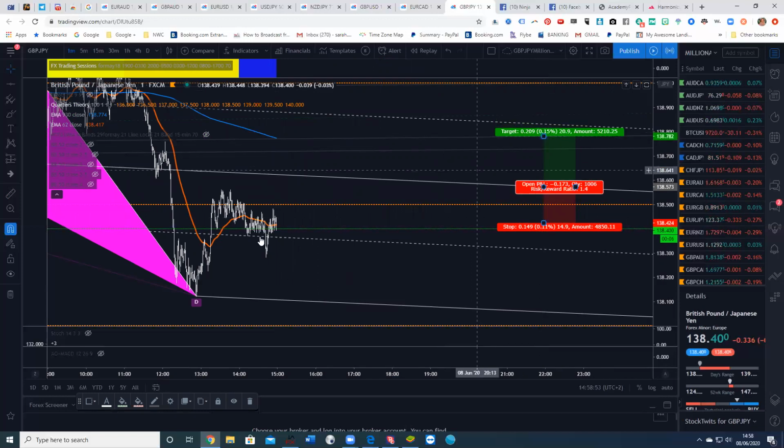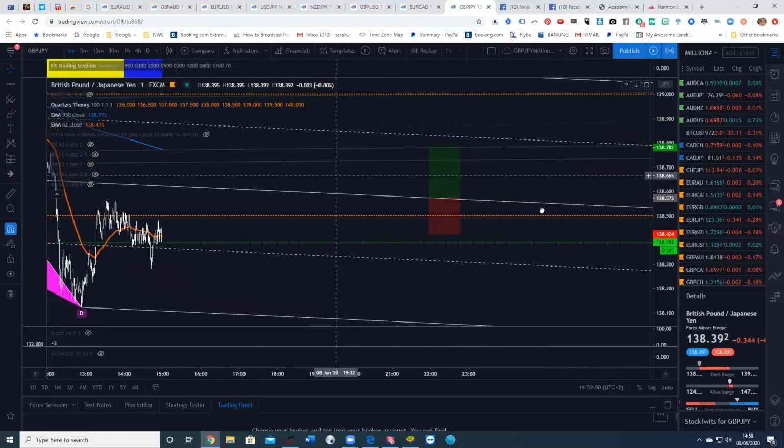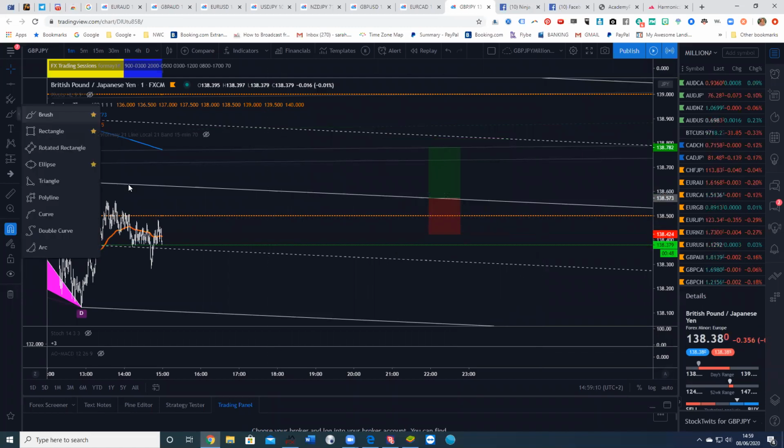So as we move through New York, I don't trade Asian session anymore, but I wouldn't be looking for that until I was in Asian session, or at least until I can get price up here like this.